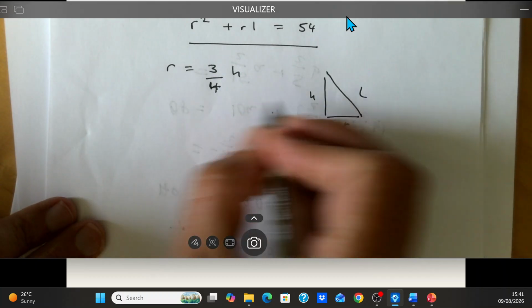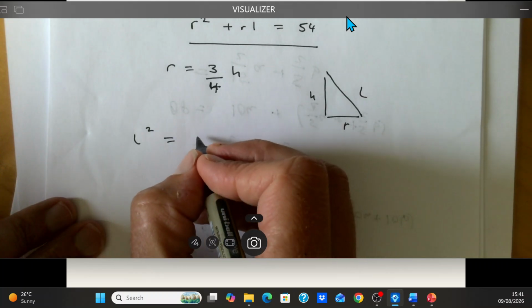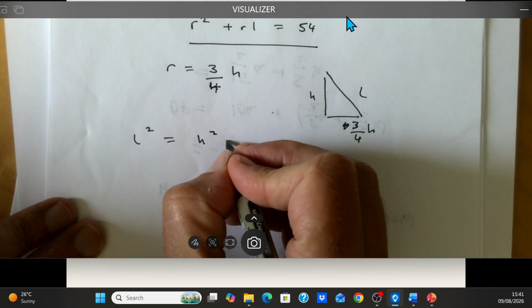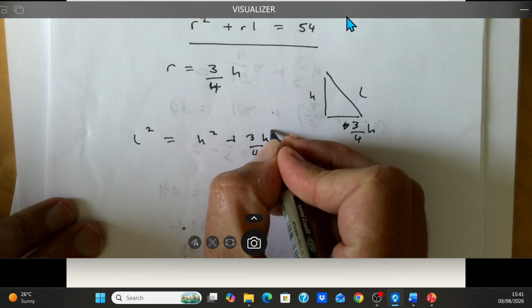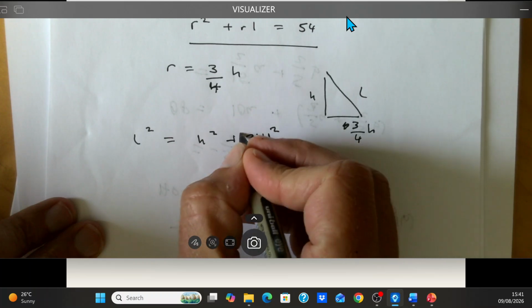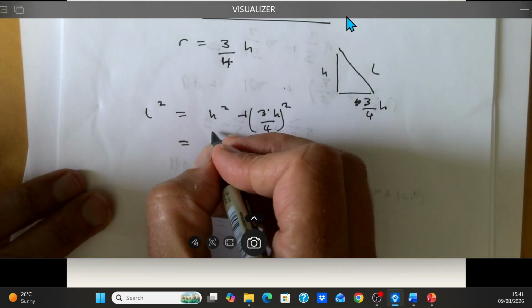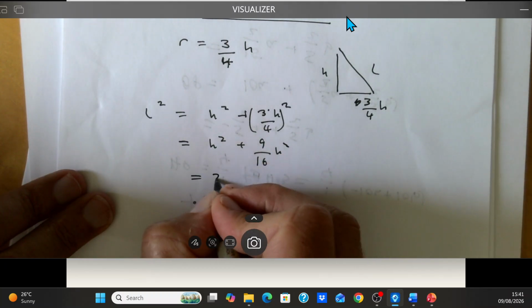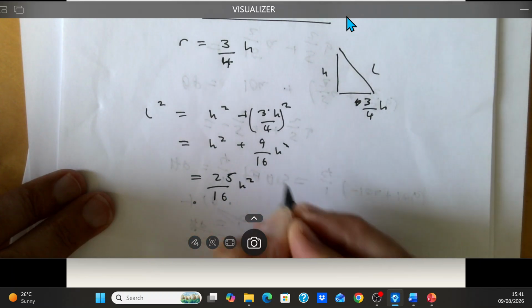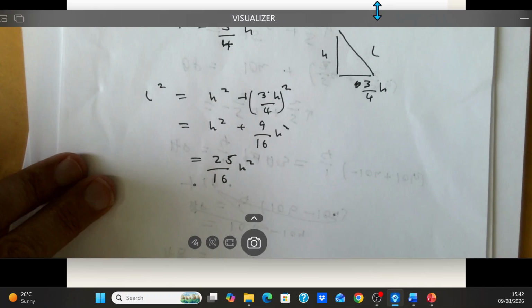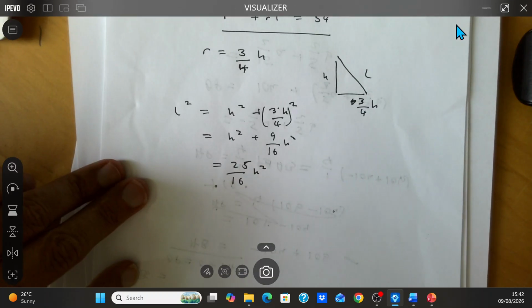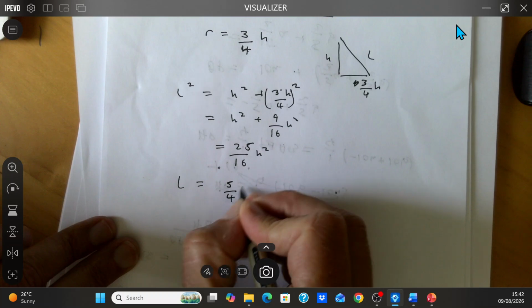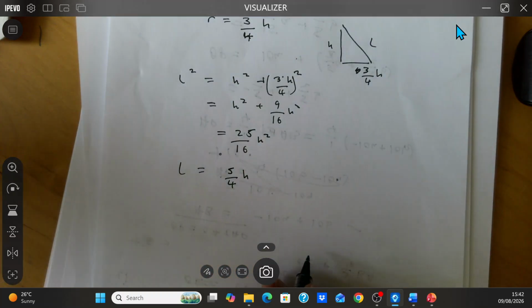L is from Pythagoras, so L squared equals h squared plus 3/4 h squared, which will give me h squared plus 9/16 h squared, which gives me 25/16 h squared. So L will equal 5/4 h because it's the square root.